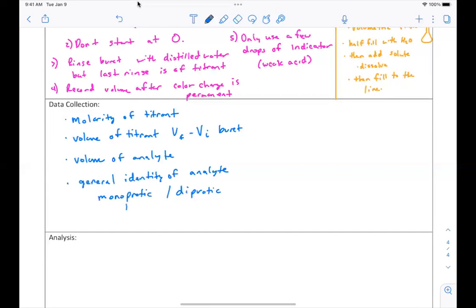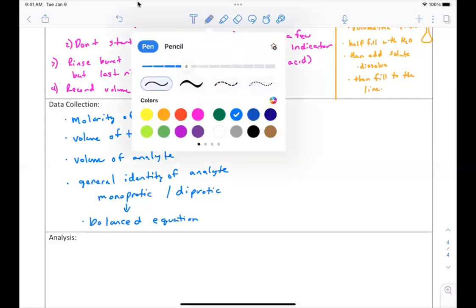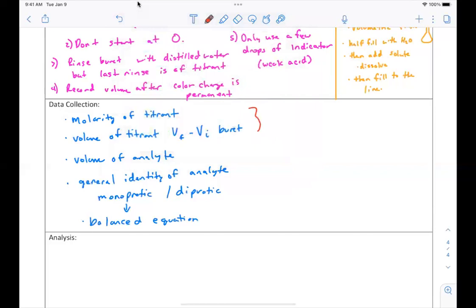That matters because the last thing you need to know is a balanced equation. A monoprotic acid will react differently than a diprotic, because a diprotic will absorb twice as much analyte than a monoprotic will, because it has twice as many H's to neutralize. Okay. And so the general idea is this. These two values get the moles of the titrant.